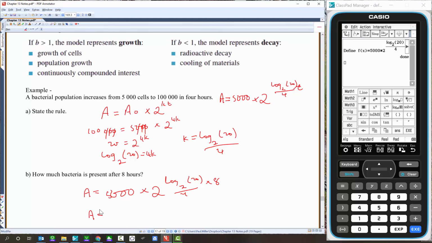A equals, on the calculator now, f of 8 is equal to that. Obviously, we want an approximation. Wow.